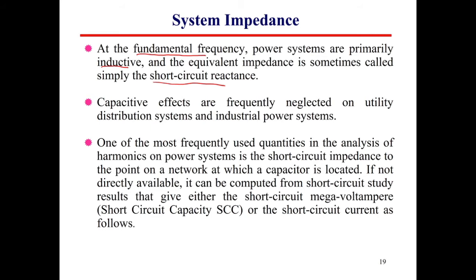One of the most frequently used quantities in the analysis of harmonics in power systems is the short circuit impedance to the point on a network at which a capacitor is located. If not directly available, it can be computed from the short circuit study result that gives either the short circuit megavolt ampere or the short circuit current.